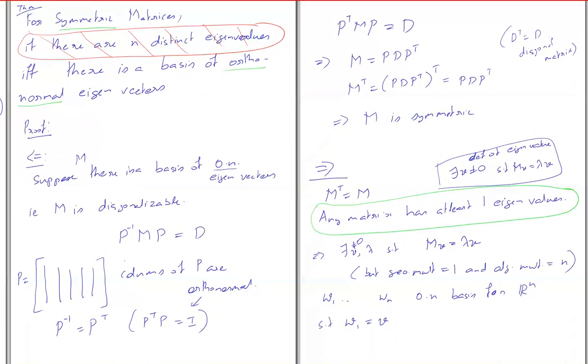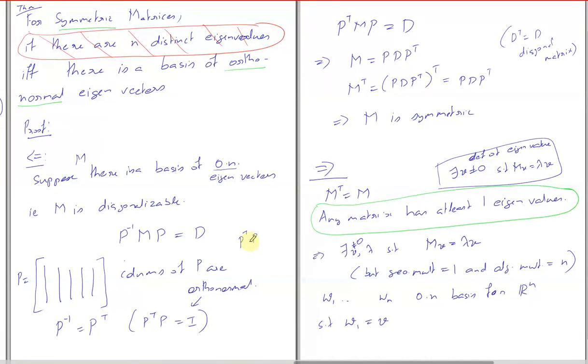Sir, I didn't get why in this proof P inverse is equal to P transpose. The columns of P are orthonormal. Do you agree? Yes, because we are changing from one orthonormal basis to another orthonormal basis, so the columns of P have to be orthonormal. Now, if you have a matrix whose columns are orthonormal, what is P transpose P? The columns are orthogonal, so the dot product will be 0.